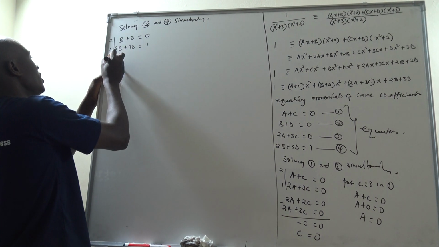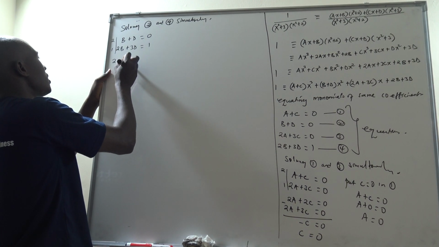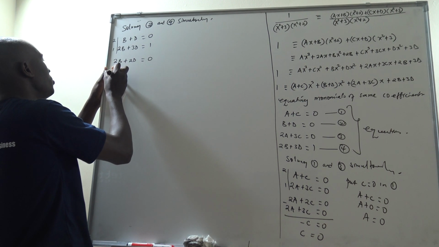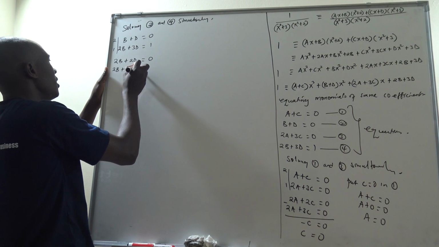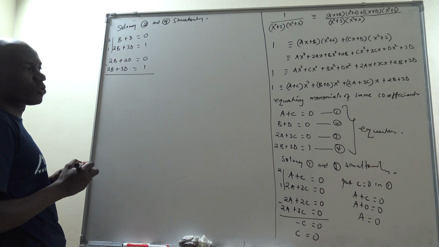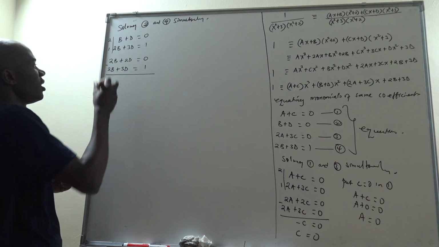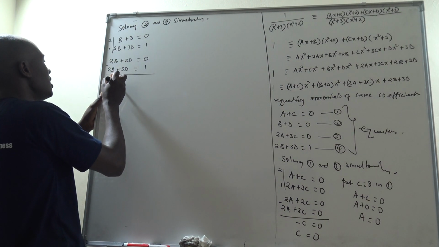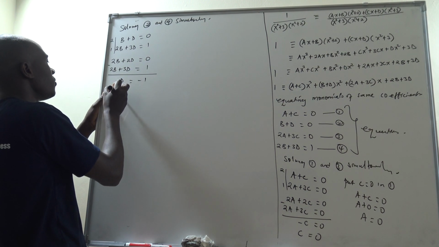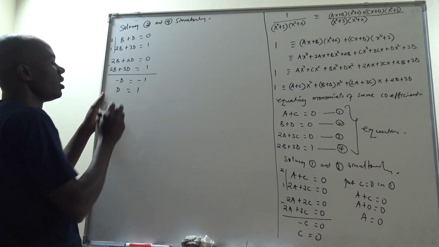Multiplying out, we get 2b plus 2d equals 0. Then we have 2b plus 3d equals 1. We subtract. 2b minus 2b, it disappears. 2d minus 3d, we get negative d. 0 minus 1 gives negative 1. So d alone equals 1.